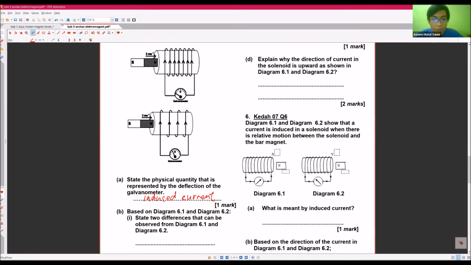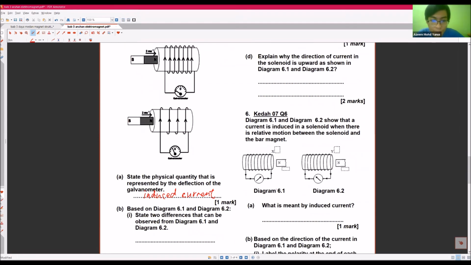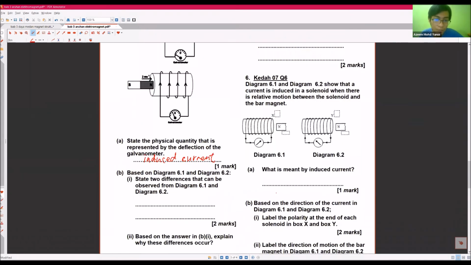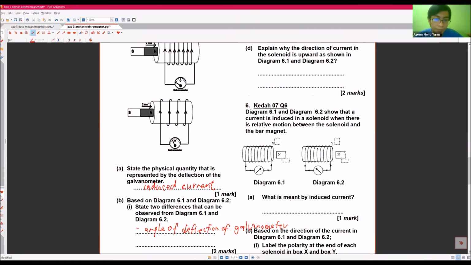Based on diagram 6.1 and 6.2, state two differences that can be observed. So the angle of deflection of galvanometer, and another thing is the number of turns of solenoid.